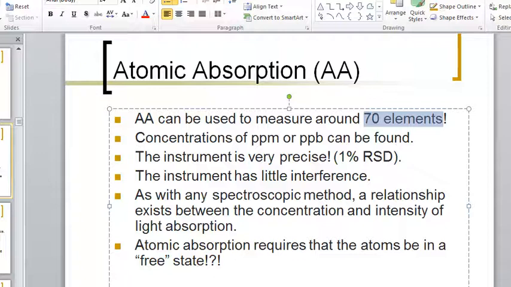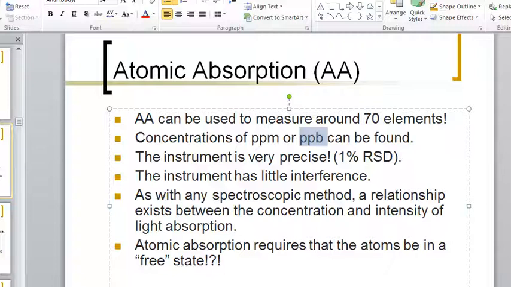Concentrations of parts per million can be determined, so it can go pretty low. But under the right circumstances, we can also go to the parts per billion level. Parts per million and parts per billion are 3 orders of magnitude apart from each other. That basically means parts per million is a speck, and parts per billion will be a speck on the speck.